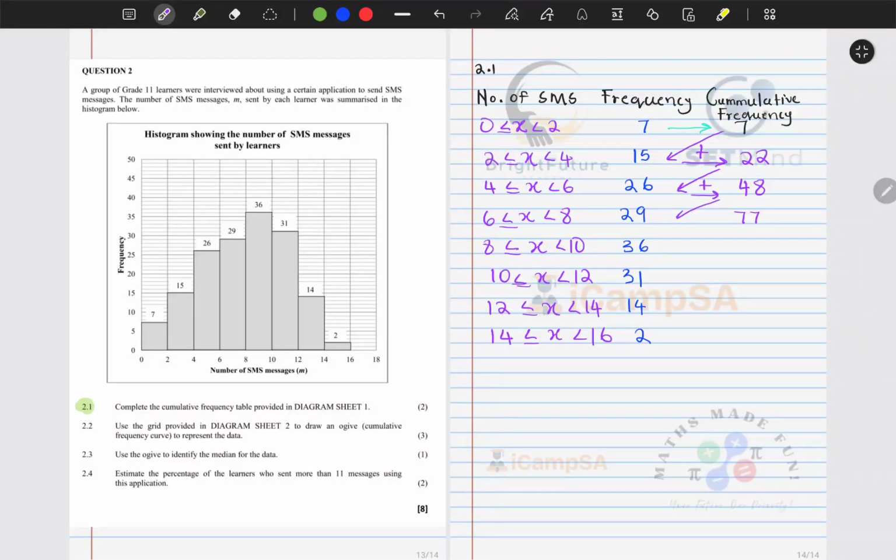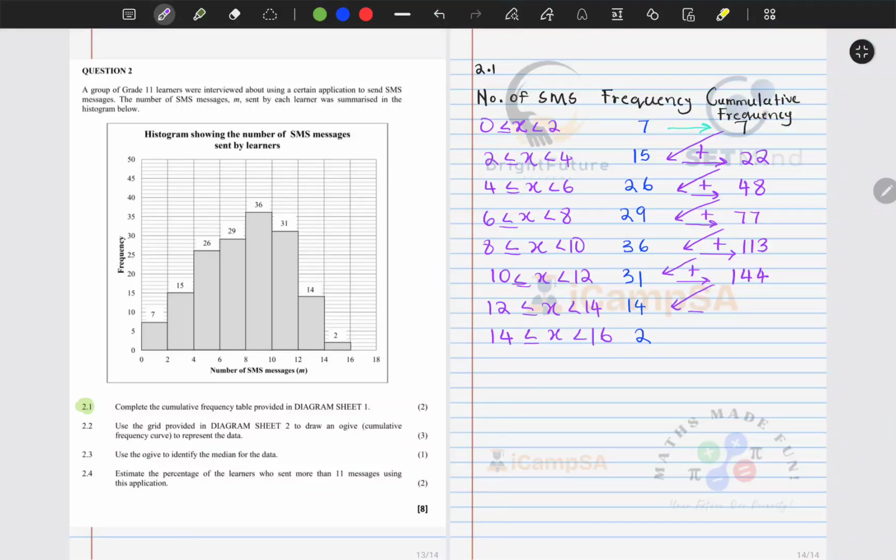So what we are doing is 48 plus 29, and that is how you get 77. Then you do 77 plus 36, and you end up getting 113. Then 113 plus 31, and you end up getting 144.